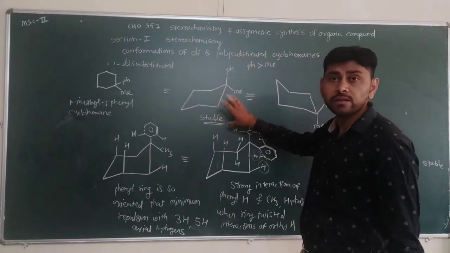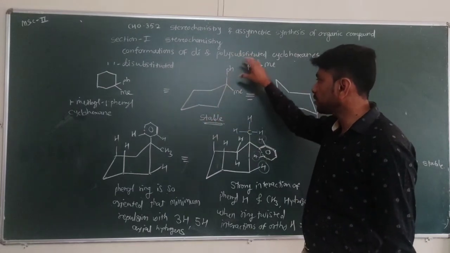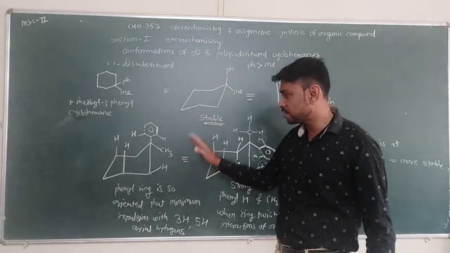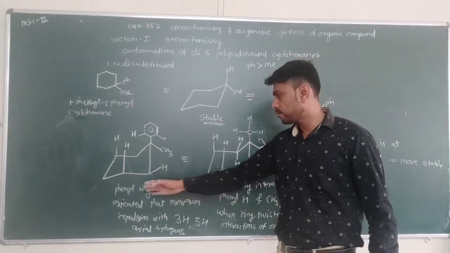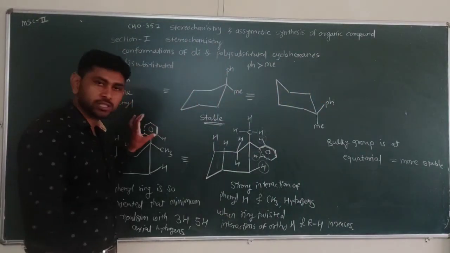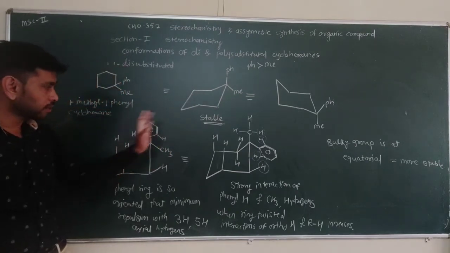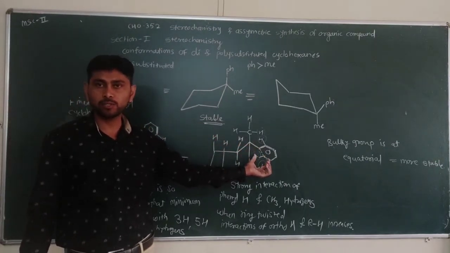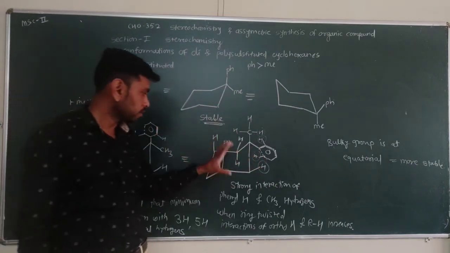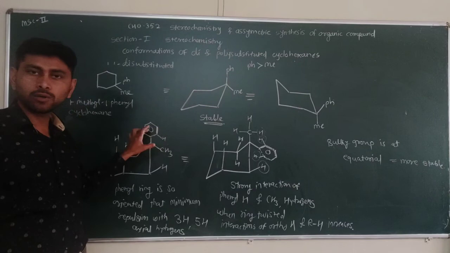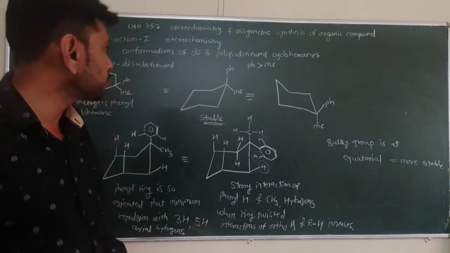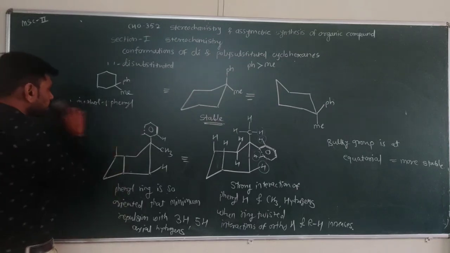The reason is that the phenyl group is so twisted and arranged in the axial position that there are minimum interactions, and if it is in the equatorial position, there will be more interaction than at the axial position. That's why the structure with the phenyl group at axial position is preferred. Okay, so this is about 1,1 disubstituted cyclohexane.